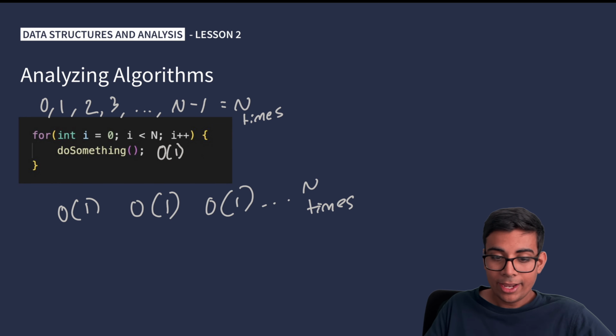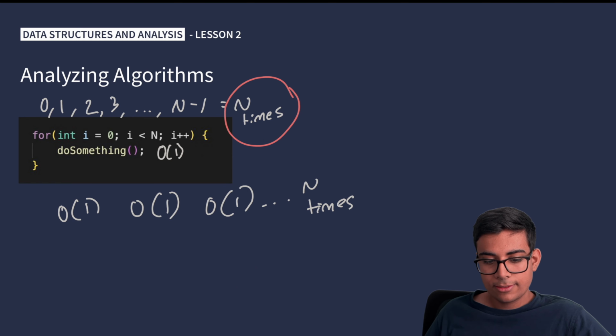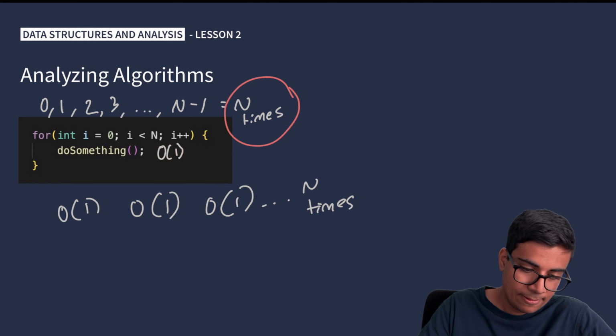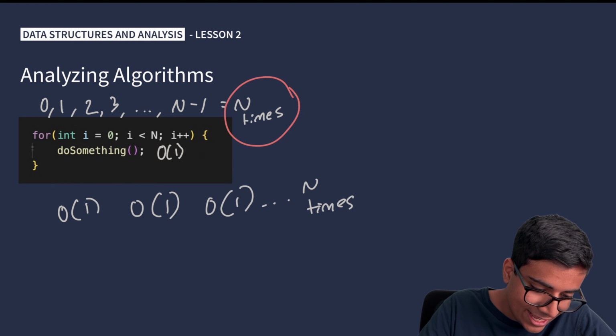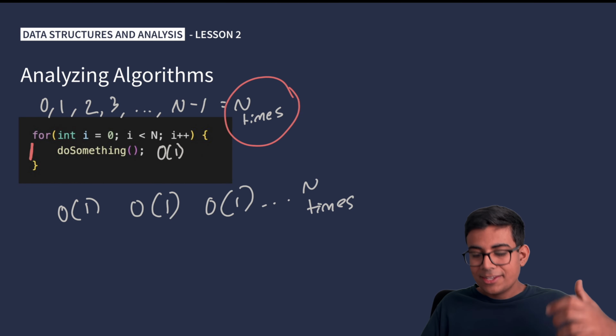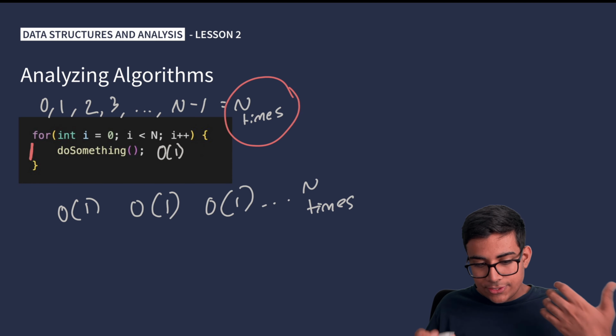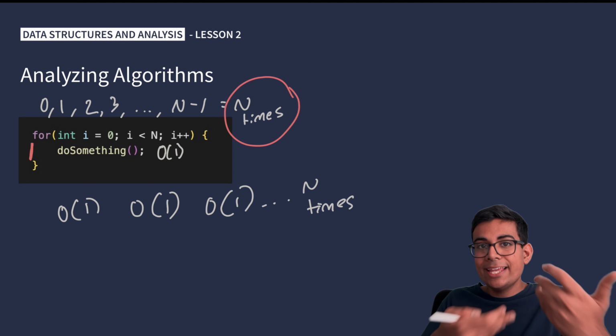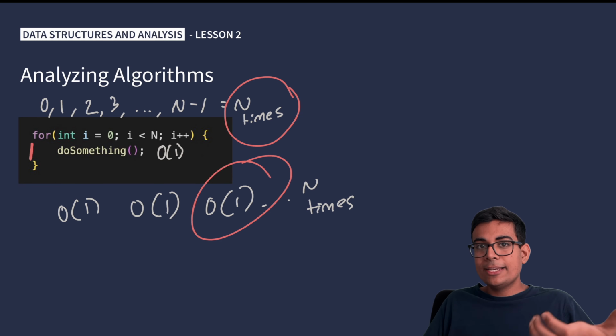Well, you might have already guessed, it's going to be the number of times the loop runs multiplied by everything inside of the for loop. Because everything in the for loop we're running n times, that's essentially repeating this complexity as many times as I'm running it.